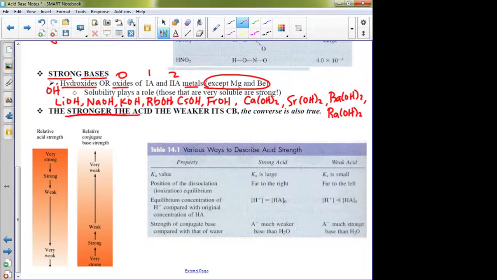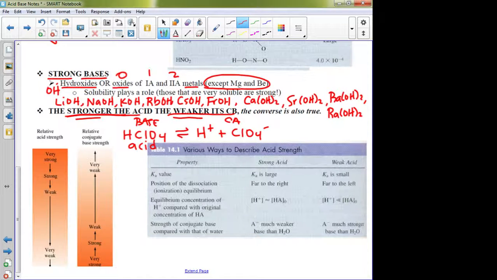All right, the stronger the acid, the weaker its conjugate base, and the opposite is also true. The stronger the base, the weaker the conjugate acid. So let's look at this. If I take HClO4 and I break it apart, I would get what? This is my acid.